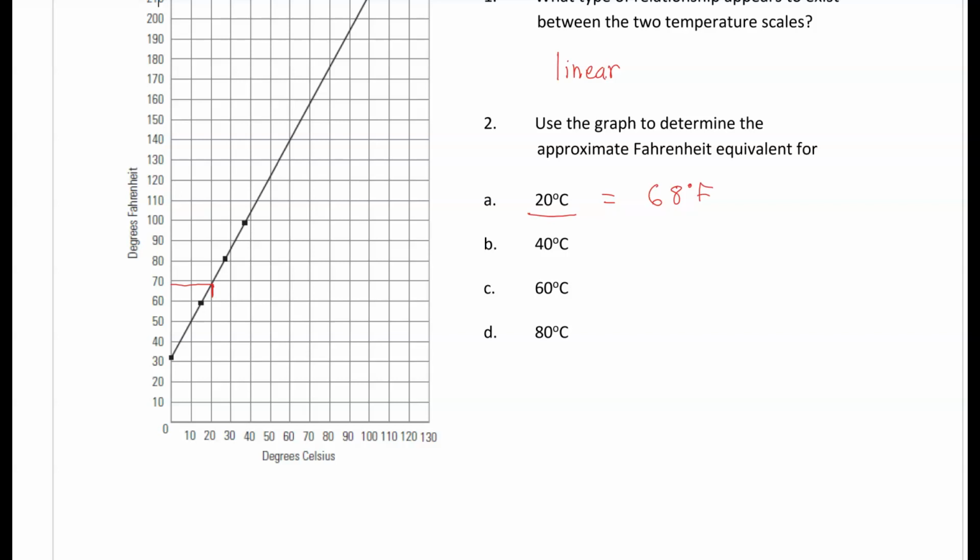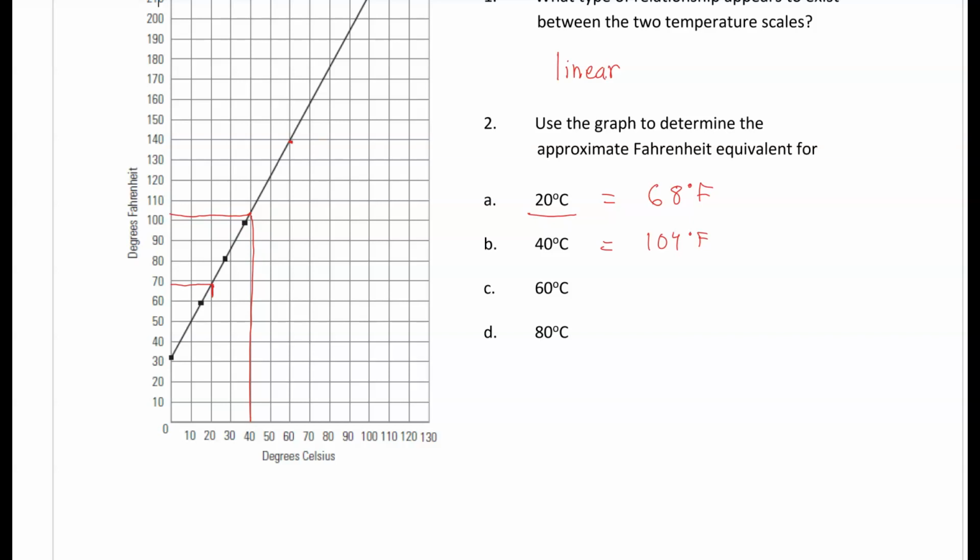If we go straight up from 40 degrees, we're going to find that this line here is approximately, now remember I'm not using straight lines, I'm just doing an approximation, 104 degrees Fahrenheit. 60 degrees, we go all the way up to 60, which brings us right to here.